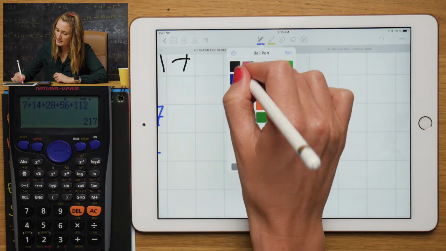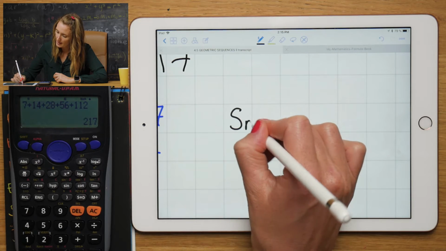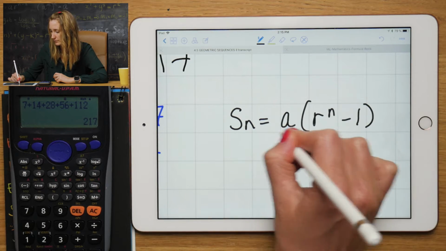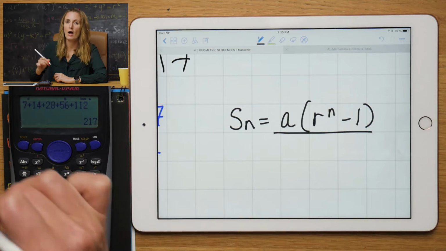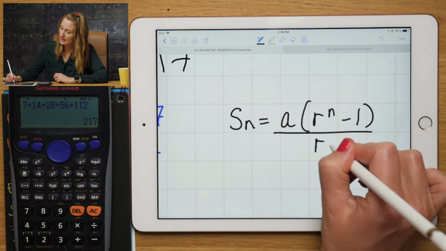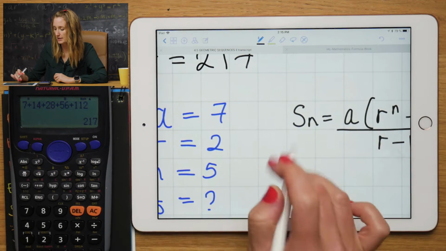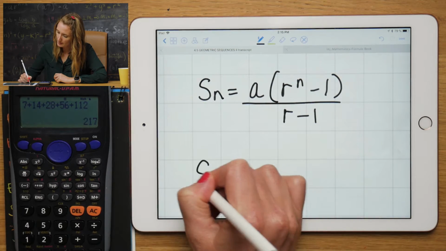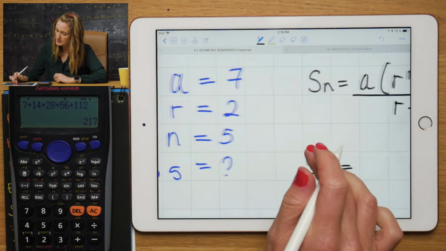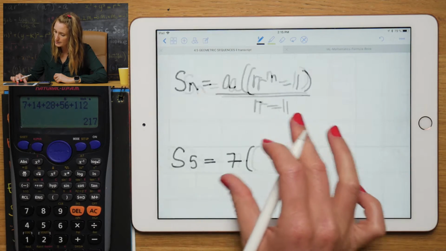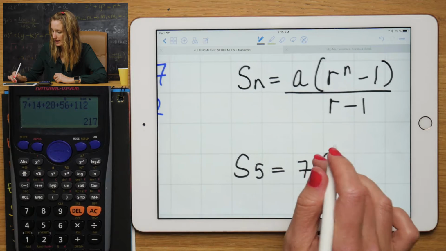So we start by writing down our formula. We select the formula where the R is first and the 1 is second because our R is 2, so that's bigger than 1. Now we substitute everywhere. So A is 7, R is 2, and N is 5.